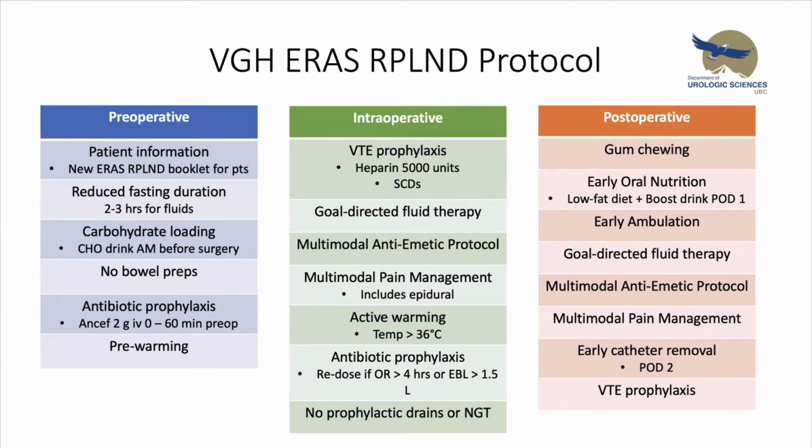During the operation, we'll be using active warming to keep the temperature above 36, and we'll do antibiotic redosing in cases of ORs lasting more than 4 hours, or if the EBL is more than 1.5 liters. Postoperatively, patients will be placed on an early low-fat diet starting POD1 and early ambulation. We will also be removing Foley catheters on POD2, even though the epidural is in situ.